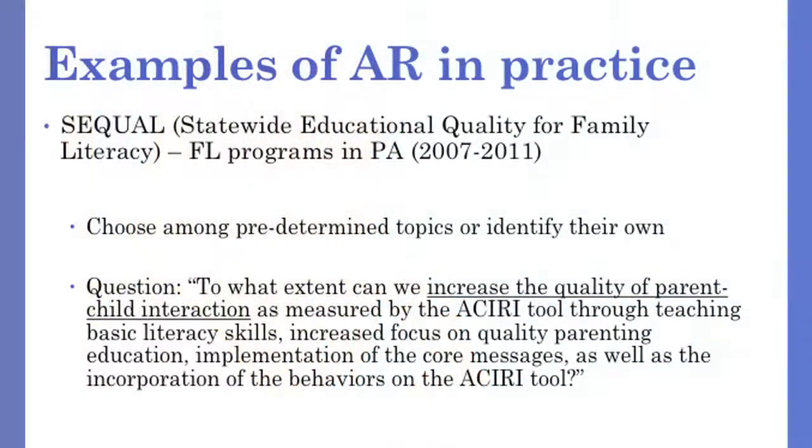So their guiding question was, to what extent can we increase the quality of parent-child interaction as measured by the ASIRI tool through teaching basic literacy skills, increased focus on quality parenting education, implementation of the core messages, as well as the incorporation of the behaviors on the ASIRI tool. That's a long question, but I'm going to break it down for you here.